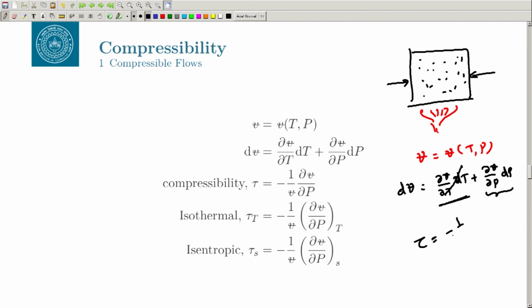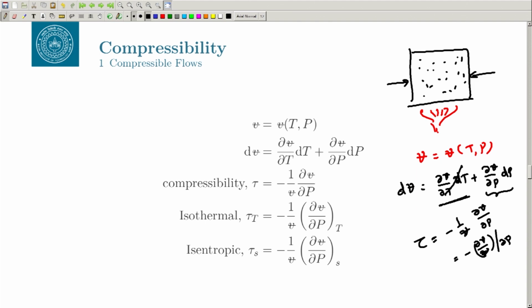Because when you are applying pressure, your volume is shrinking, so that will be negative. Or you can write it as minus del V by V divided by delta P. Basically, the change in volume per unit volume due to application of pressure. That is your compressibility.